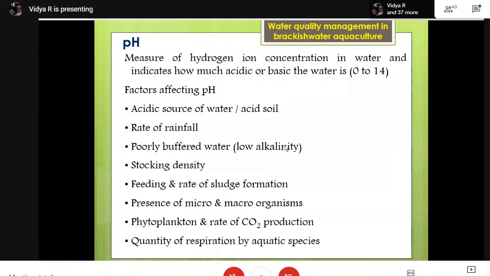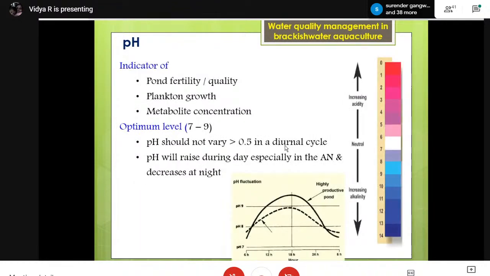The pH can be altered by acidic source water and acidic soils due to rainfall, poorly buffered water, that is low alkalinity waters, stocking density, feeding and rate of sludge formation, presence of micro and macroorganisms, phytoplankton, rate of carbon dioxide production, and the respiration of the aquatic species. And pH can affect pond fertility and quality, plankton growth, and metabolic functions.